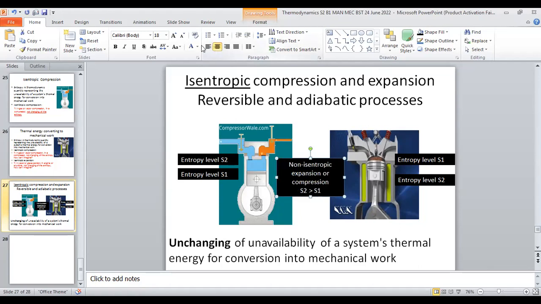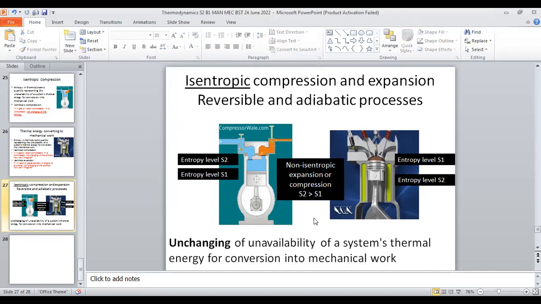So that's the reality. Okay, that's a reality. So S2 is greater than S1.